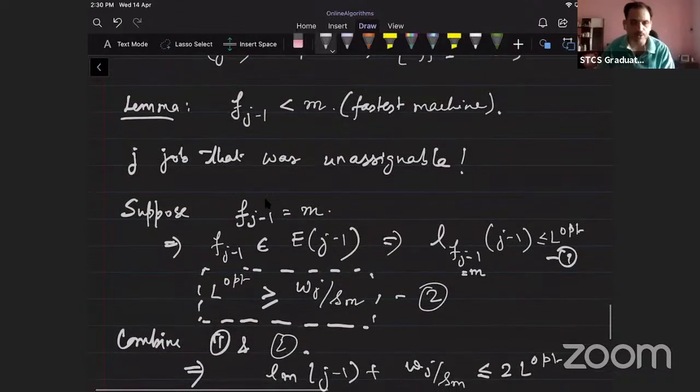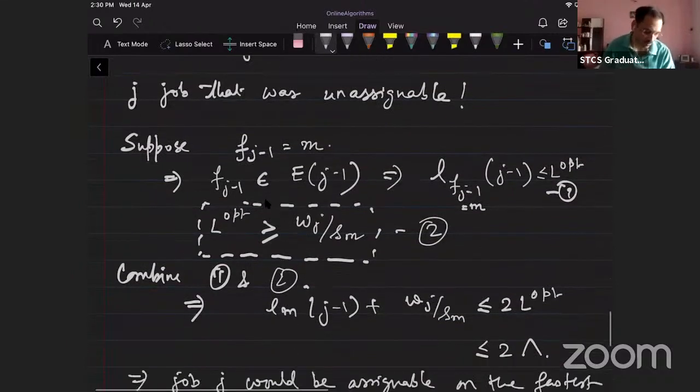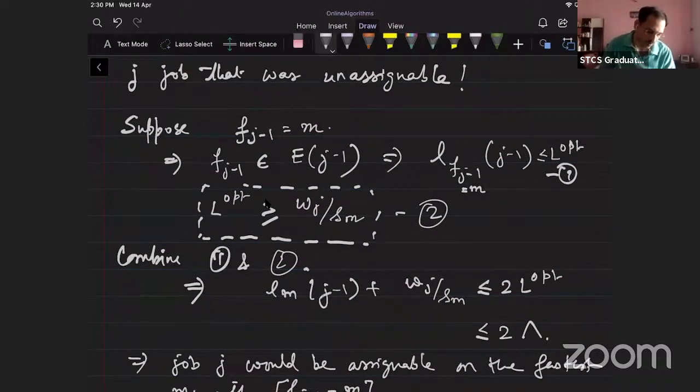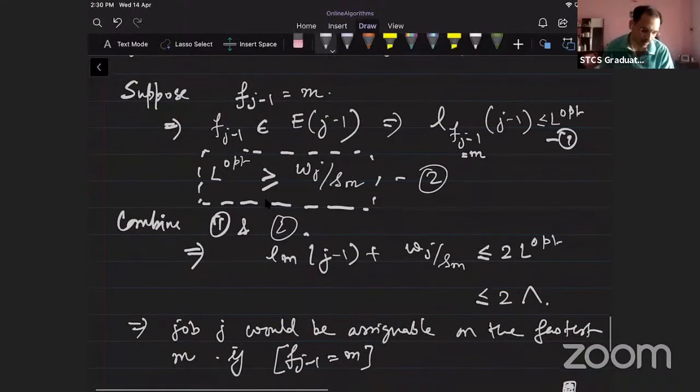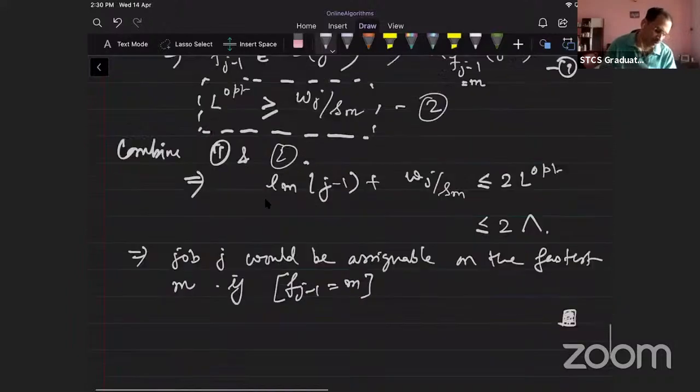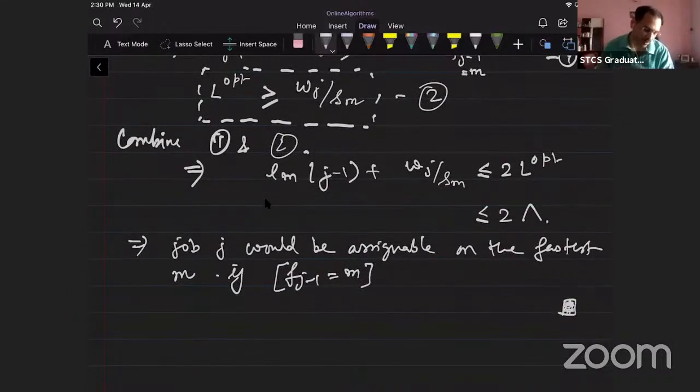And we also know that Wj by Sm, the least load exerted by job J on any machine, is less than or equal to LOPT. If you combine equations 1 and 2, you get that Lm of j minus 1 plus the new load is at most 2 times lambda on the fastest machine. So job J should have been assignable if Fj minus 1 was equal to M. Given that we are starting with job J not assignable, Fj minus 1 has to be not the fastest machine.